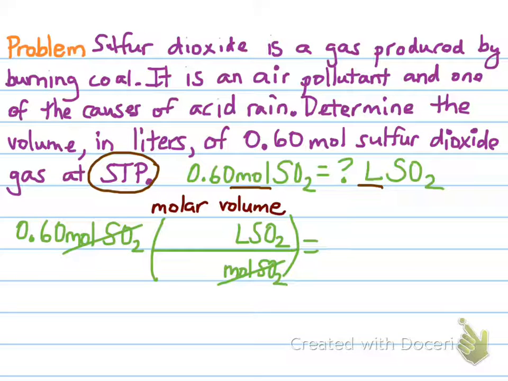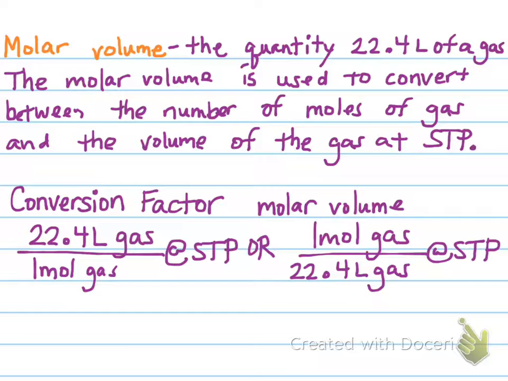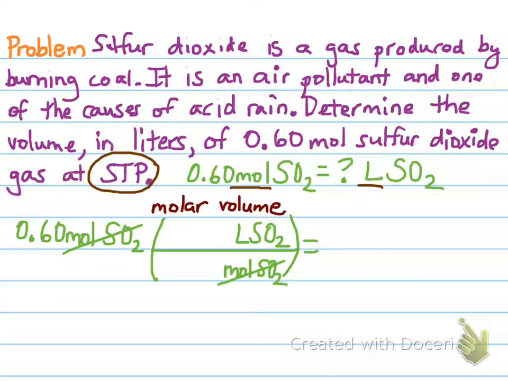Again, when I look at this new conversion factor, in front of liters is 22.4 and in front of moles is 1. So in front of liters I need 22.4, in front of moles I need 1. On my calculator, I'm multiplying because they're both in the numerator, so I'm going to do 0.6 times 22.4. Now again, I need to pay attention to significant figures, right? This number here has 2 significant figures, this 6 and this 0.